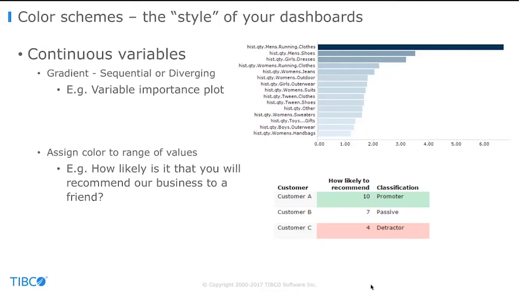If your answer is 9 to 10, you are a promoter of the business. If you are 7 or 8, you are just a passive, pretty neutral. And if your answer is 1 to 6, you are basically a detractor of the business. Here we are assigning colors according to the range of values of how a customer answered the question. Next slide, please.